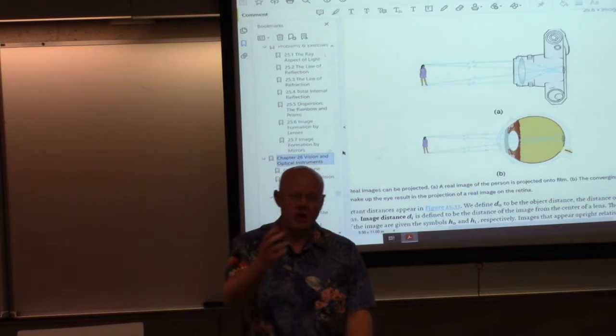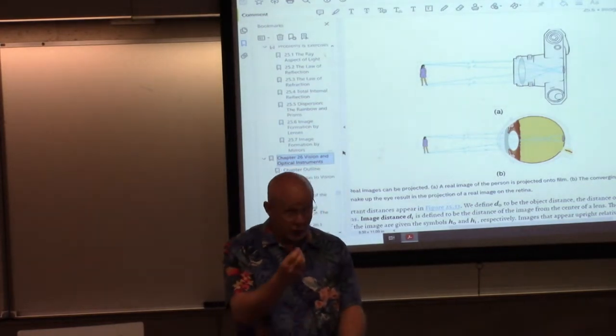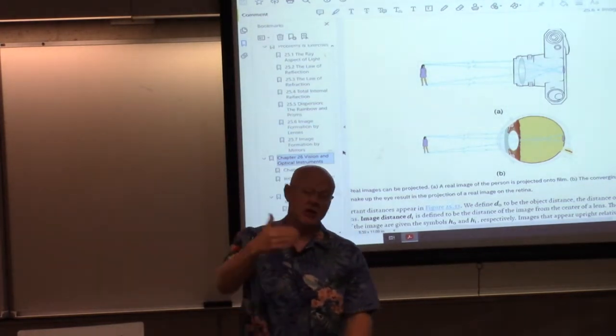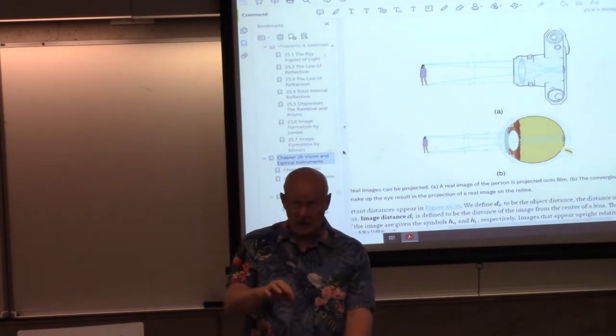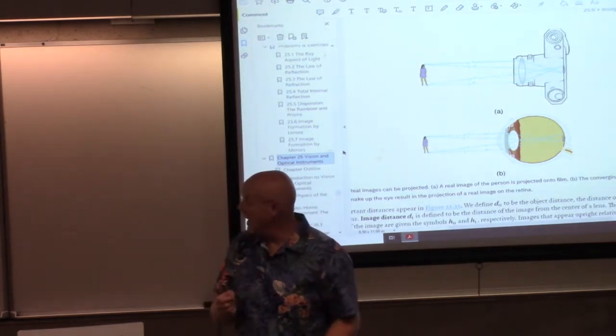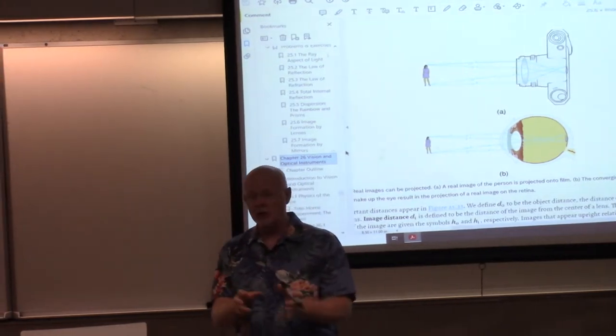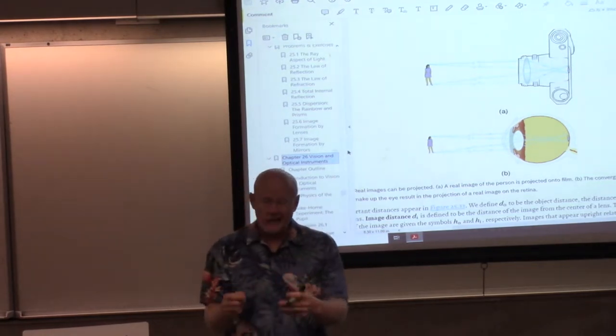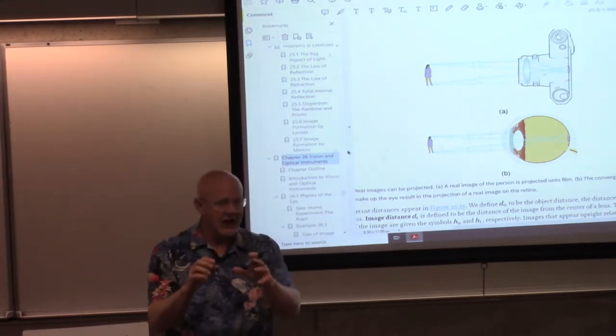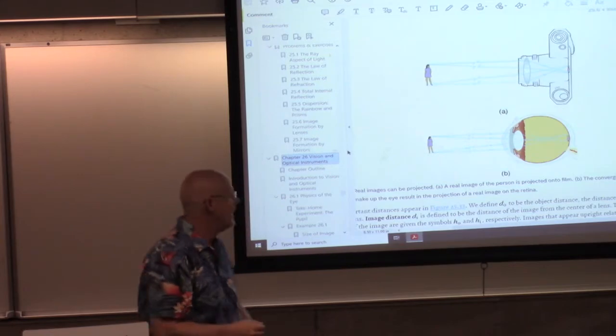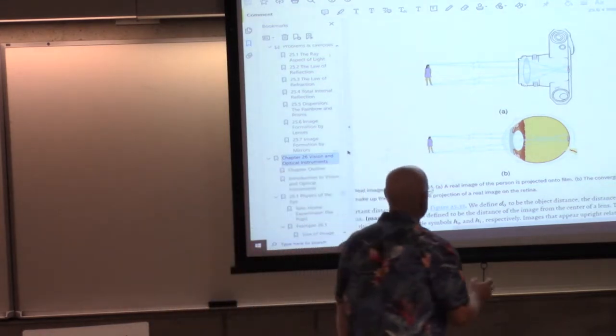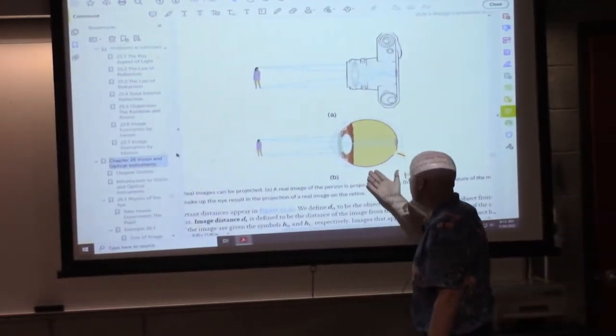I want to change our attention to the human eye, and that is section 1 here of chapter 26. And so for the human eye, the function is a little different. Now, it's still a lens, it's still an optical system, and so this is what your author is trying to contrast down here.